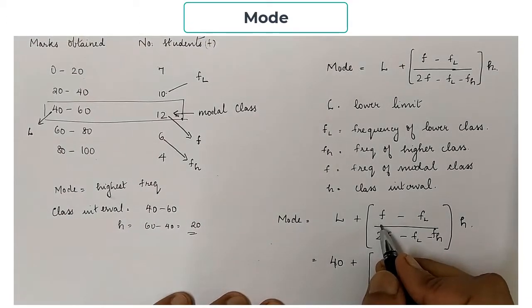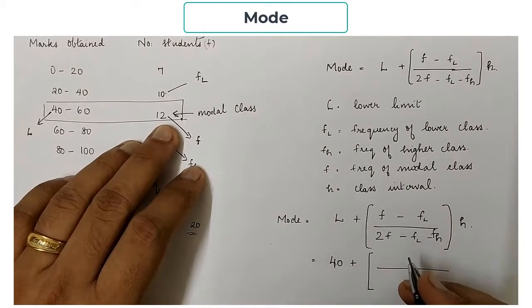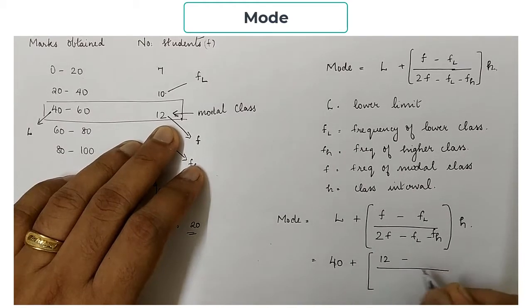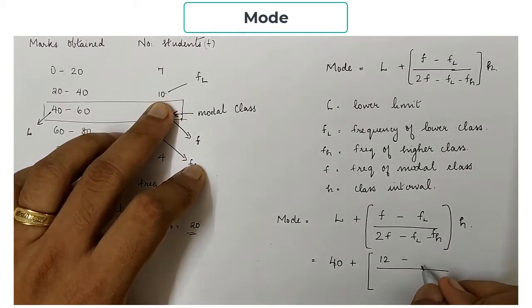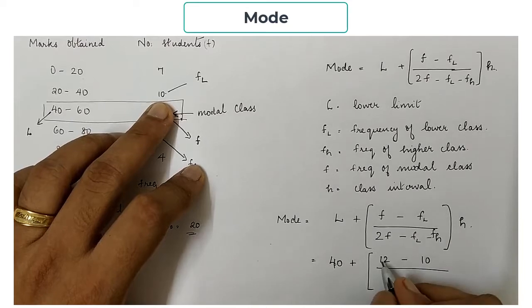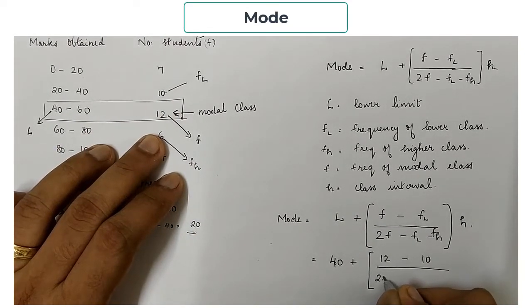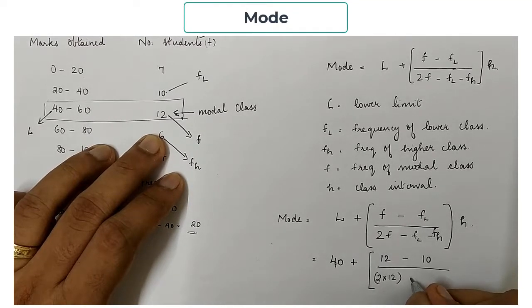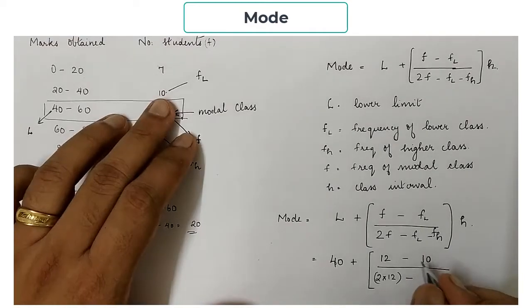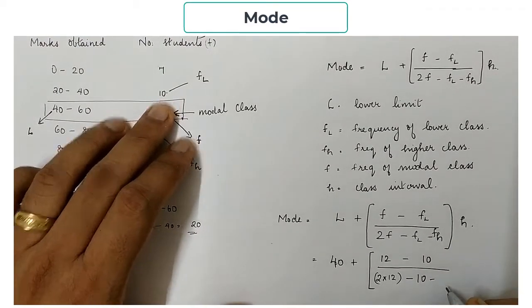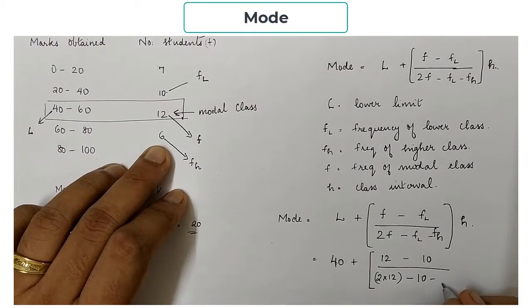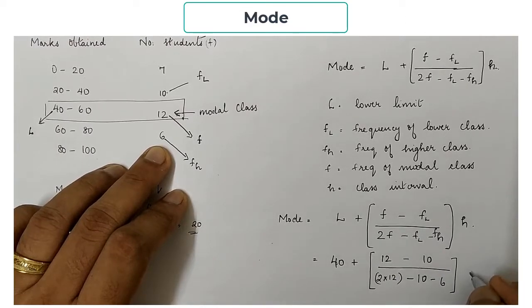F given here is 12. This is F, 12 minus lower, that is 10, divided by 2F, 2 into 12, minus FL of lower class which is 10, minus FH of higher class which is 6, into H.